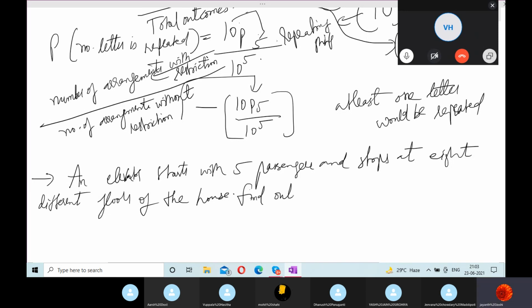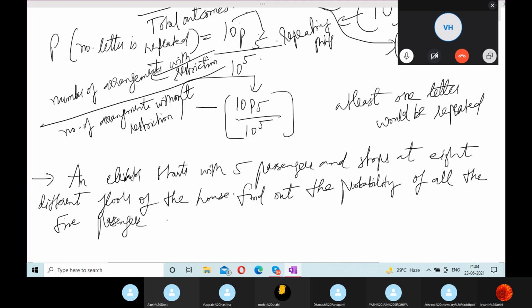Find out the probability of all the 5 passengers alighting at different floors.